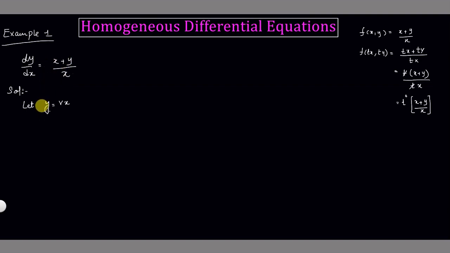Then differentiate with respect to x. So it will become dy by dx, and here two functions are multiplied with each other so we will use the product rule. First function as it is, differentiation of x, plus second function as it is, differentiation of second, that is v.